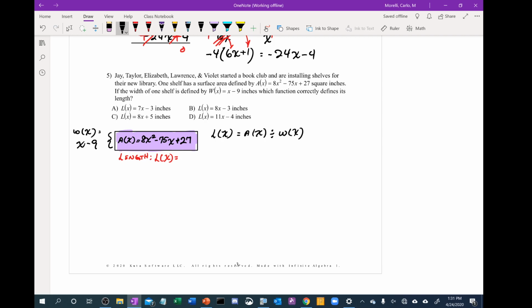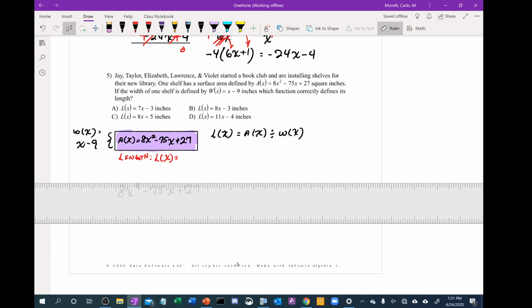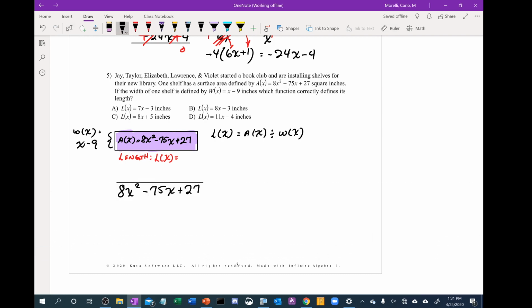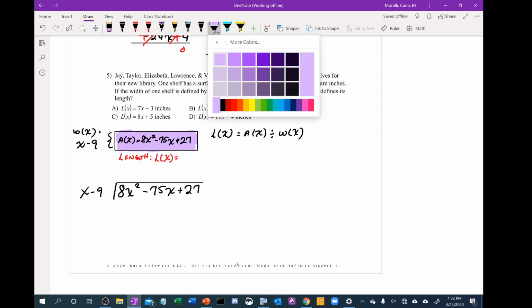Substituting in our values into the polynomial long division form, we say 8x squared minus 75x plus 27. And we'll use our ruler to draw a long division bar. In the divisor section, we'll write the width, which is x minus 9.